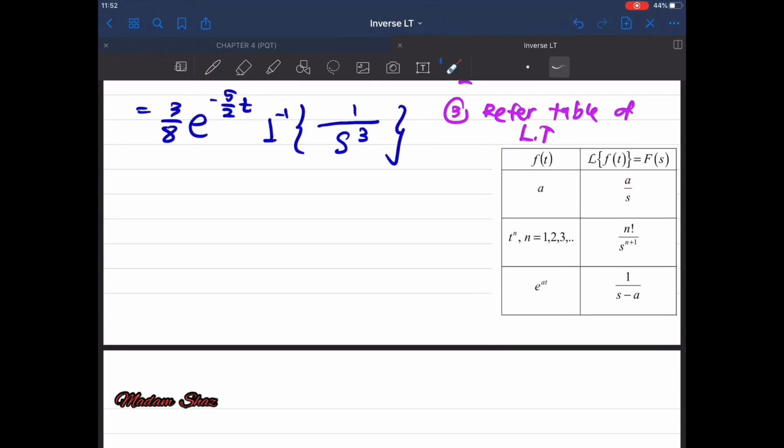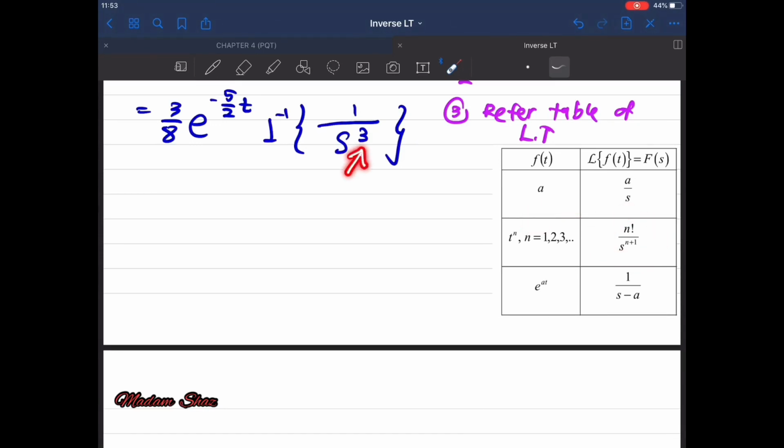You have to refer to the table of the Laplace transform whereby we have s with a power at the bottom side. The suitable one is n factorial over s to the power of n plus 1, whereby the answer will become t to the power of n. Now we have to determine the value of n.